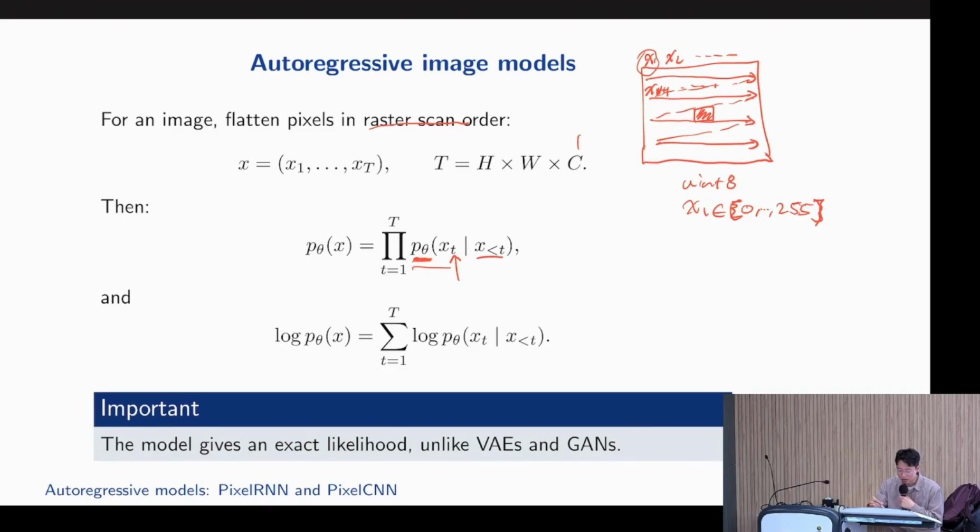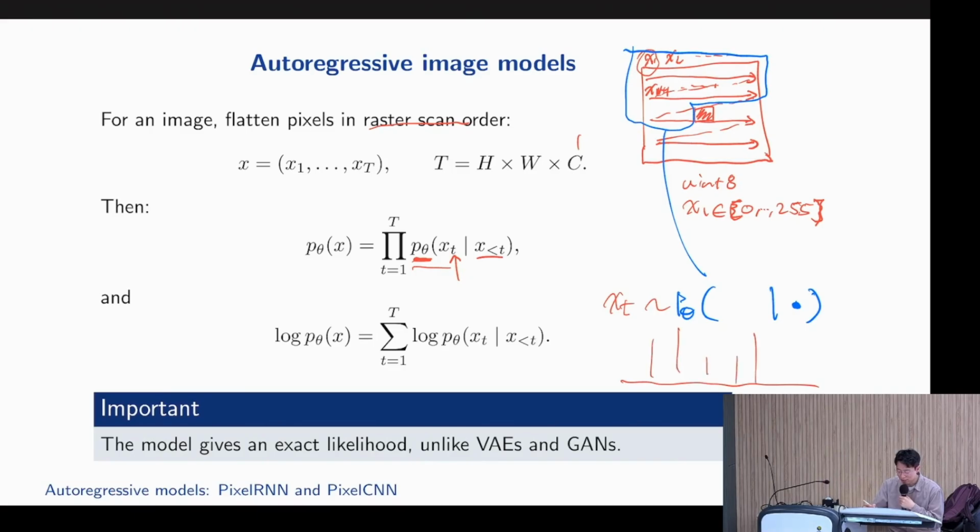So given all its past information, this enters here with the condition on the past, and we're going to have a probability distribution on possible values of xt, 0, 1, 2, all the way to 255. Okay? So the task is simple.